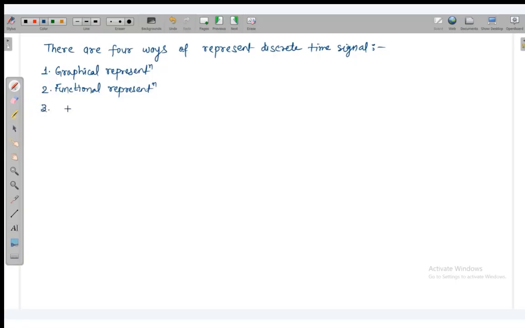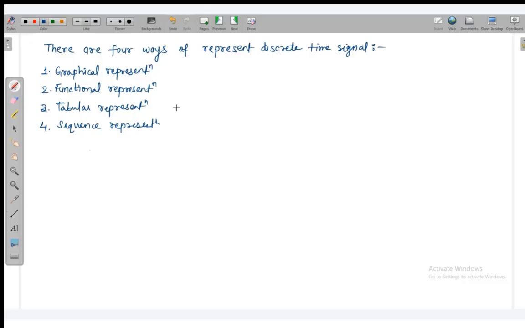And third one is tabular representation. And fourth one is sequence representation. Okay, so these are the 4 different ways. So how will you represent?